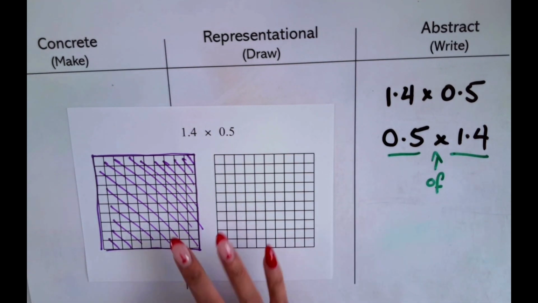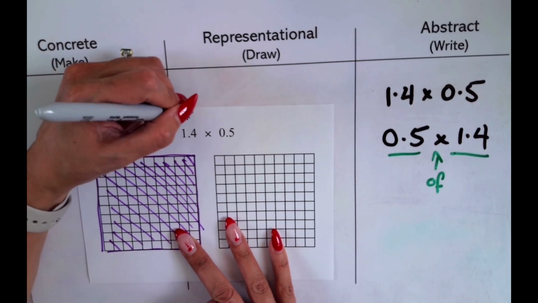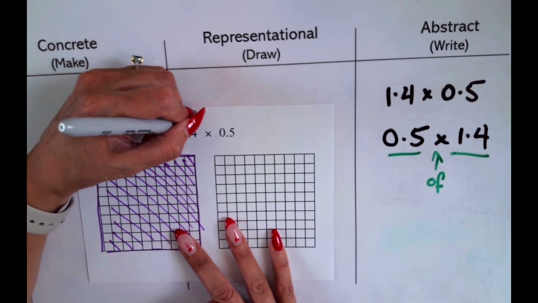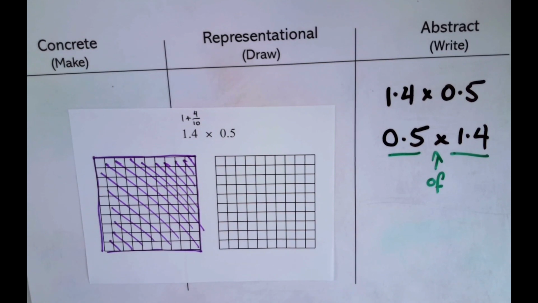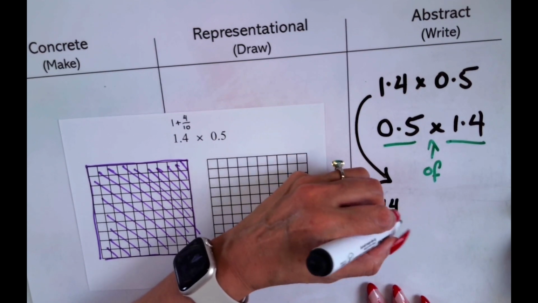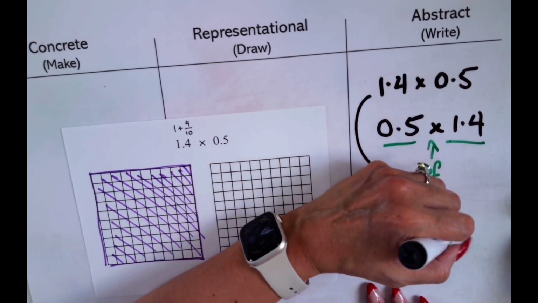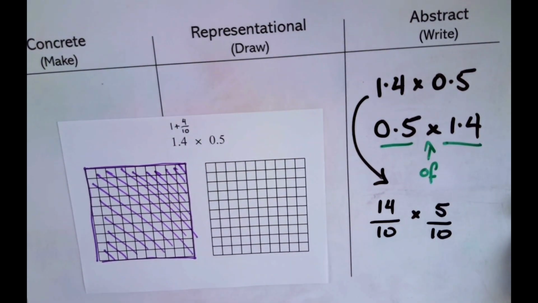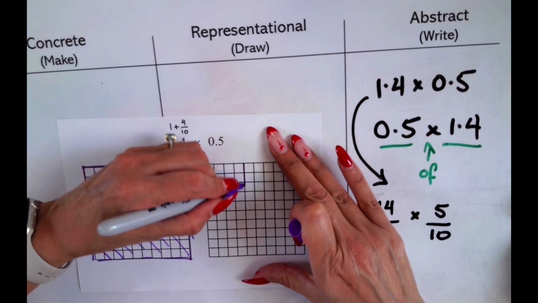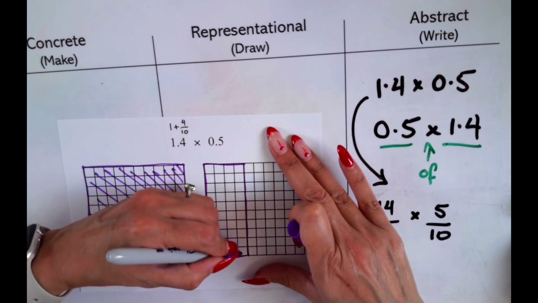Now, if I was to do this with my students, I would get them to rewrite this decimal in its fractional parts, and preferably its expanded fractional form. So you could rewrite this as 14 tenths multiplied by 5 tenths, like that. So I've got another 4 tenths or 40 hundredths to colour in.